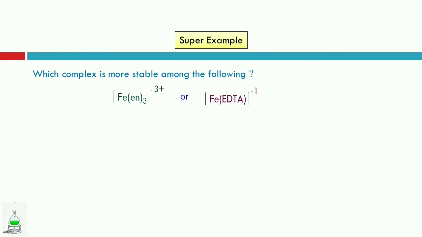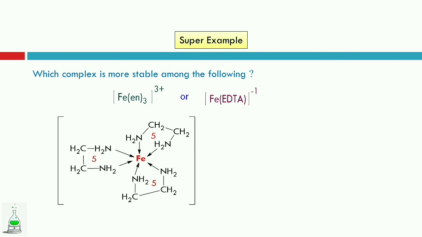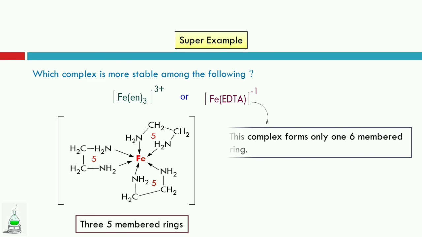In the first complex, that is tris ethylene diamine iron 3 complex, ethylene diamine forms 3 5-membered rings, and in ethylene diamine tetraacetate iron 3 complex, EDTA forms only one 6-membered ring. Now the question is, which complex is more stable? Because here both the complexes are forming the rings. Then how to decide which complex is more stable than the other one?